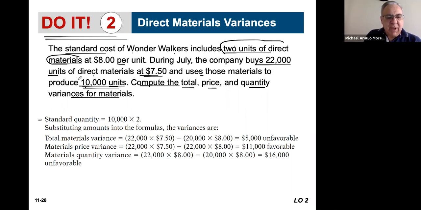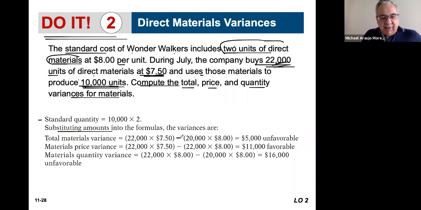Okay. So when you go ahead and substitute the amounts, you get the following variances. They actually bought 22,000 units of direct materials. They paid $7.50 for them. Okay, so 22,000 units of materials at $7.50 is what they actually bought.